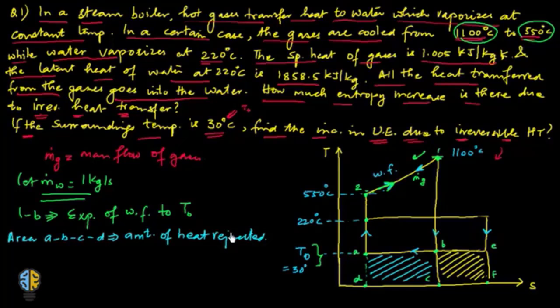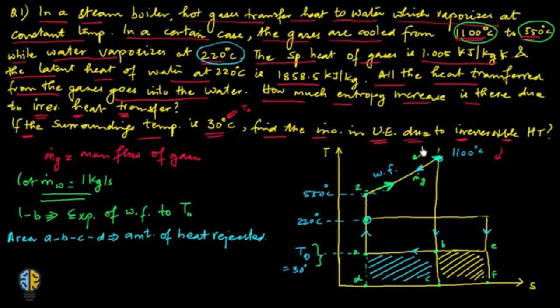Now, when the water evaporates at 220 degrees Celsius, the gases get cooled from 1100 to 550 degrees Celsius. The resulting power cycle has an unavailable energy which is represented by the area AEFD.